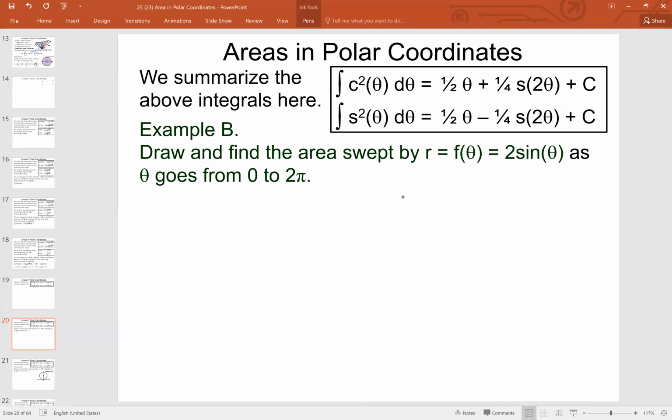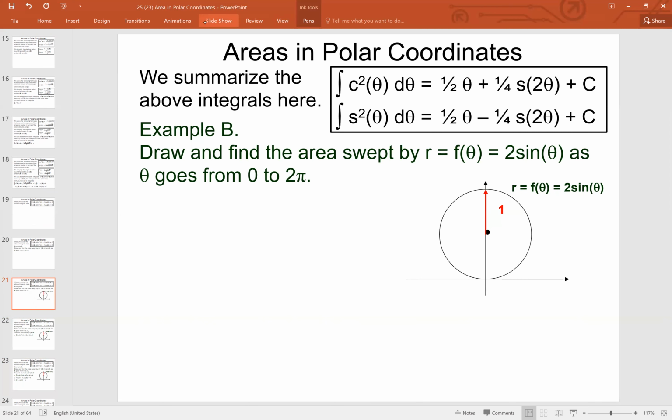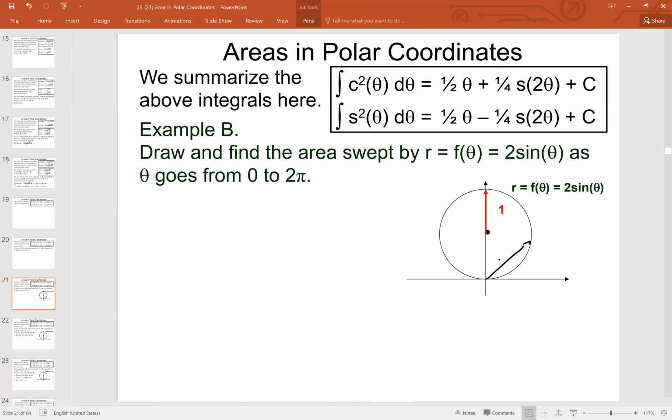And so here are some examples. Here is a circle that has radius 1, but it is centered at (0, 1). Now I want to calculate the area it sweeps through. The function, of course, is f of theta equals 2 sine theta.